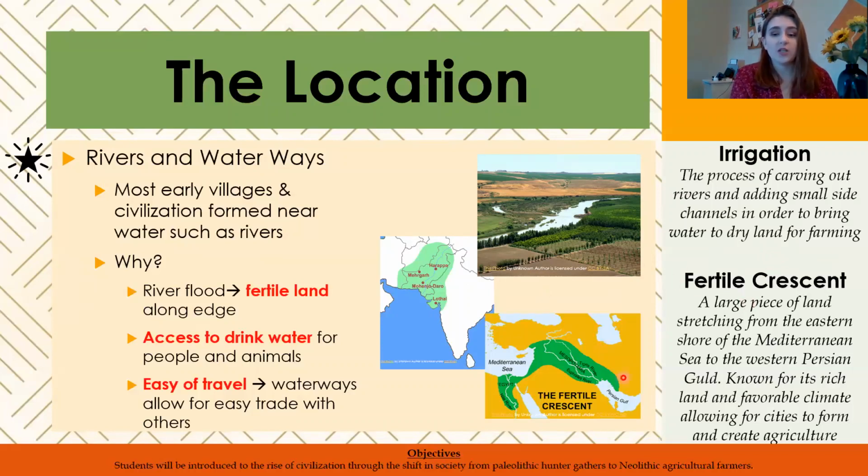This is a large piece of land in the Middle East that had a variety of rivers, specifically the Nile, as well as the Euphrates and the Tigris River, which would allow for a large amount of fertile land, especially when a lot of the land near it was very dry and deserty, making it unsuitable. So people would gather around these riverheads in order to produce agricultural crops, and this would form into our first early cities and civilizations.